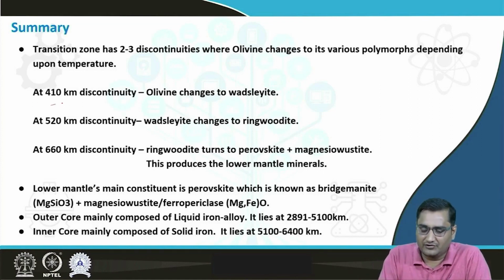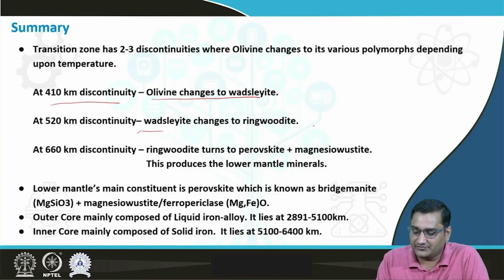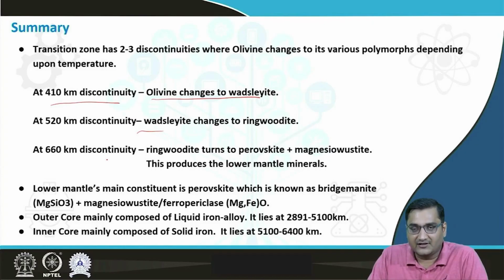At 410 km discontinuity, olivine changes to wadsleyite, and at 520 km discontinuity, wadsleyite changes to ringwoodite. So wadsleyite is a beta spinel structure and ringwoodite is a gamma spinel structure. At 660 km discontinuity, this gamma spinel structure ringwoodite turns to perovskite and magnesiowustite, and these are the most abundant minerals in the lower mantle.